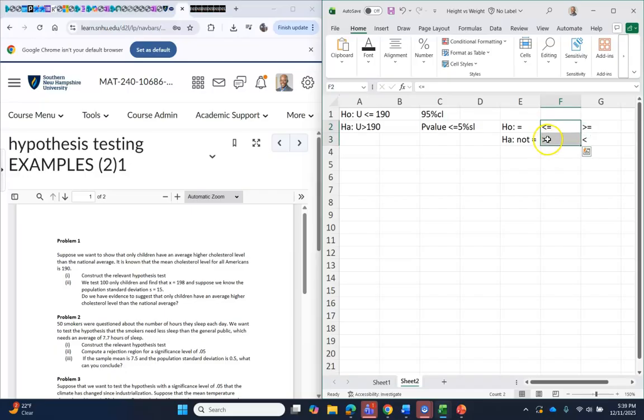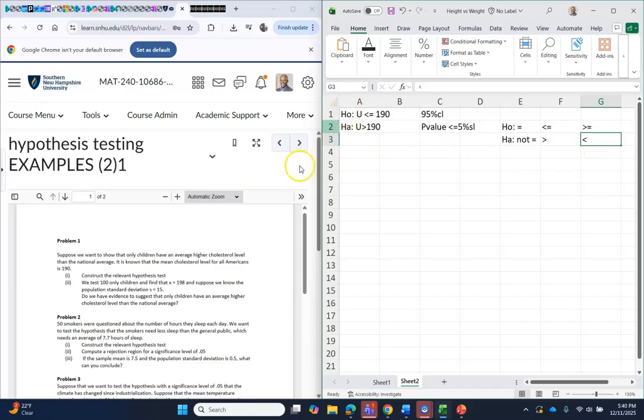When we have greater, the null hypothesis should have less than or equal, and the opposite is true. And this is two-tailed, meaning that the alternative hypothesis can be less or can be more. But here we are focusing on one direction, which is greater, and also on one direction, which is less.